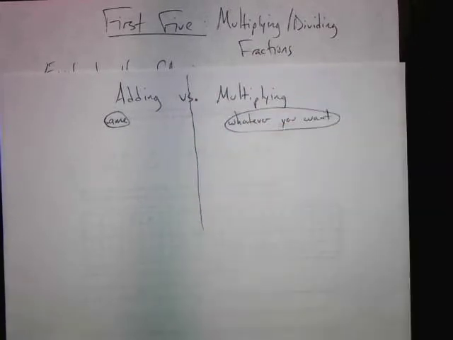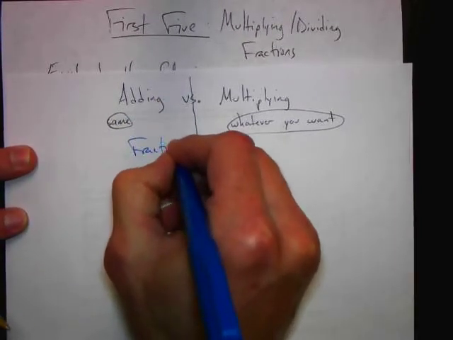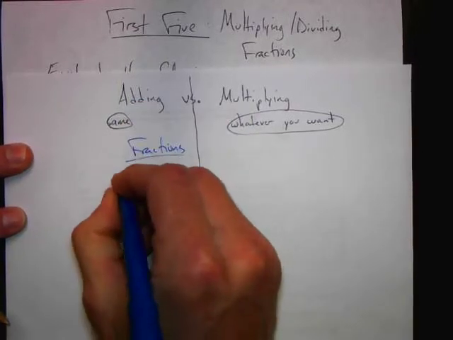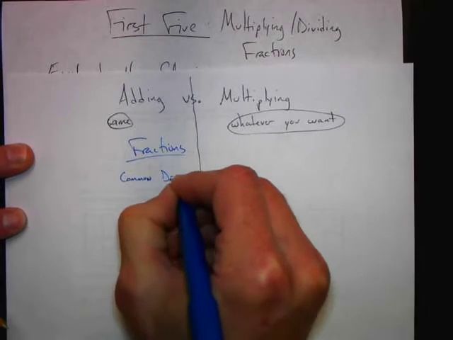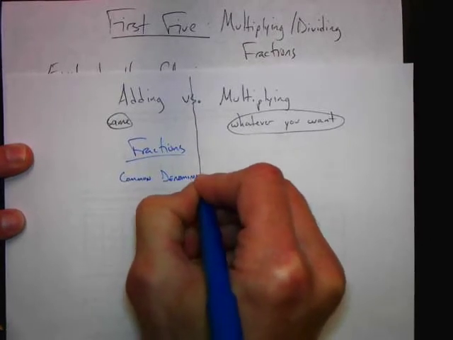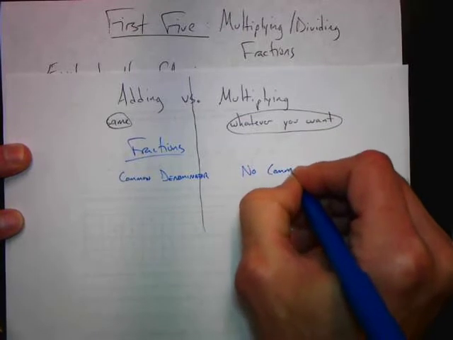And when it comes to fractions, this plays out a little differently. So when it comes to fractions, when we have adding and subtracting, remember we need a common denominator. And when we're multiplying, we don't. No common denominator needed.